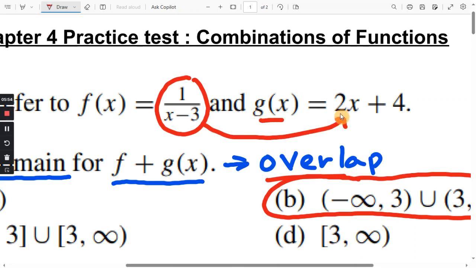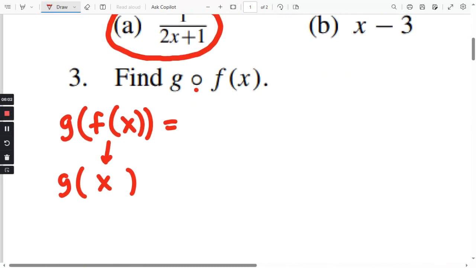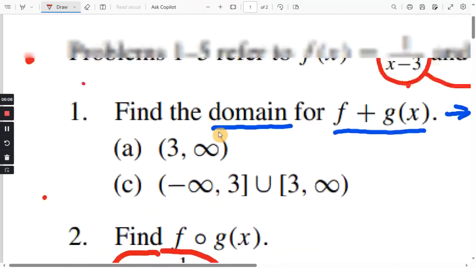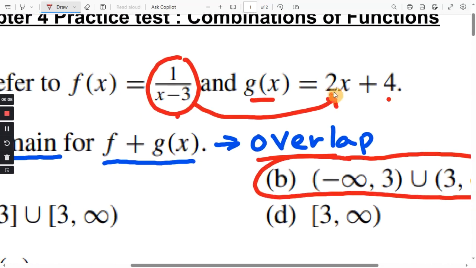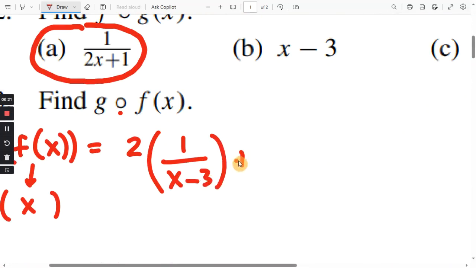All right, so it's going to be 2 times 1 over x minus 3 plus 4. That's going to equal 2 times 1 over x minus 3 plus 4. Use parentheses: 1 over x minus 3, plus 4.